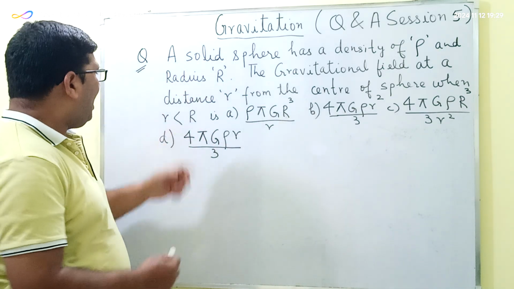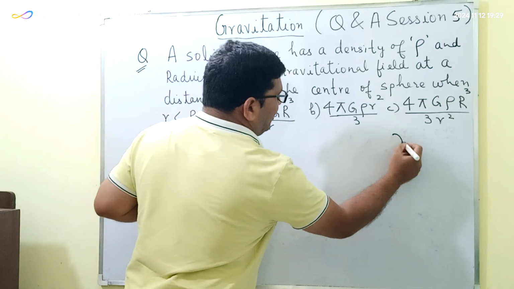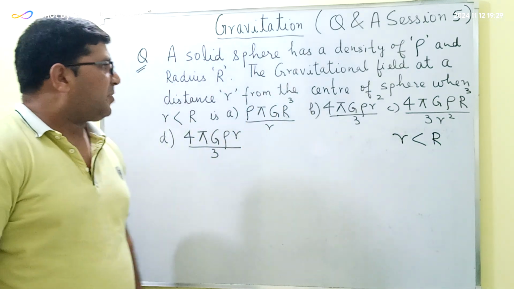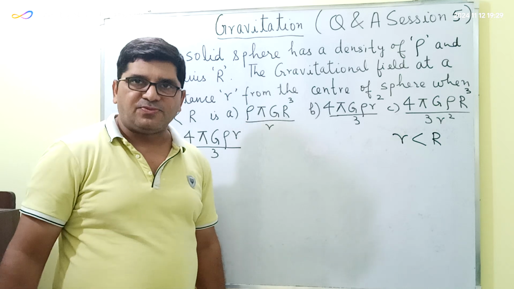Now since small r is less than capital R, it means that the point is lying beneath the surface of the sphere.